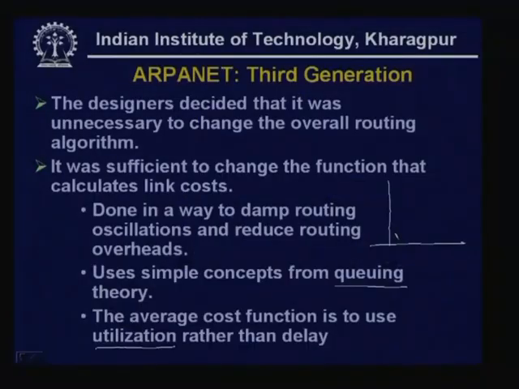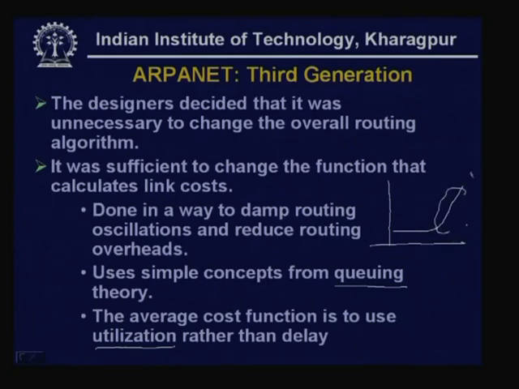Whenever the load was small, it was essentially based on distance vector routing. It was somewhat like this. That means, as the utilization is initially small, it was based on distance vector routing, and then as the utilization increases, it goes in this region.